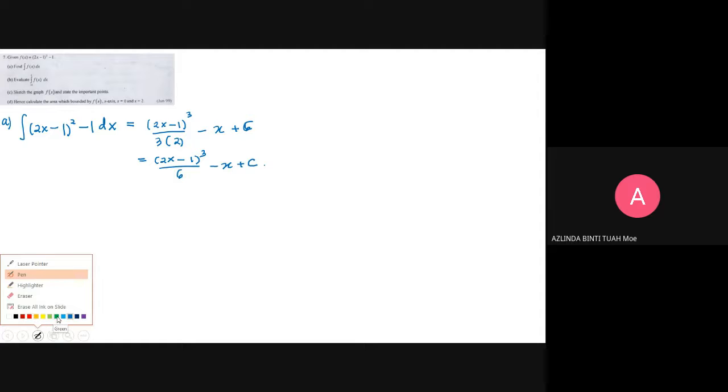Okay, part B. Rosie, PC6. Yes, madam. Okay, proceed B. You don't have to integrate anymore. You just have to substitute the limit into previous answer. Okay, we substitute 1 first.